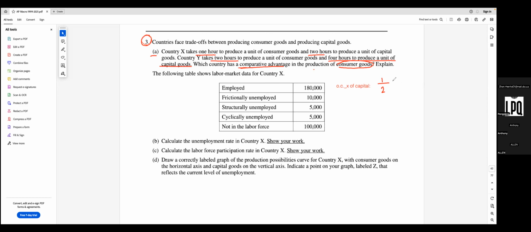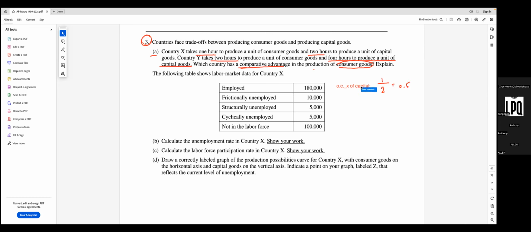Okay, so the second step: if you use this 1 hour to produce capital goods instead of consumer goods, how many units can you produce? So you should do a division here, right? 1 divided by 2 equals 0.5 capital goods.